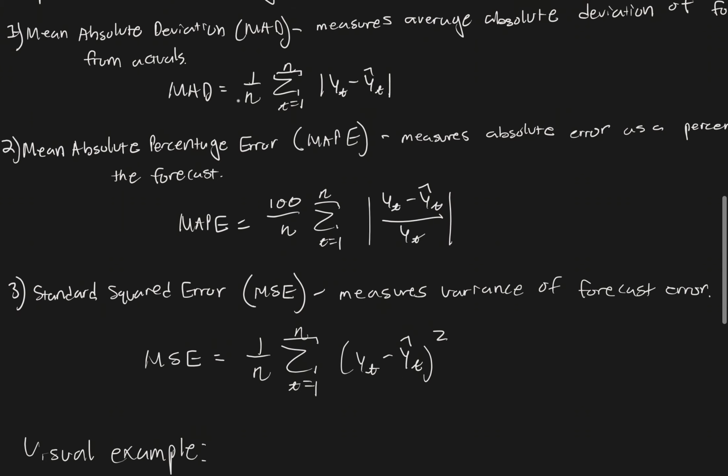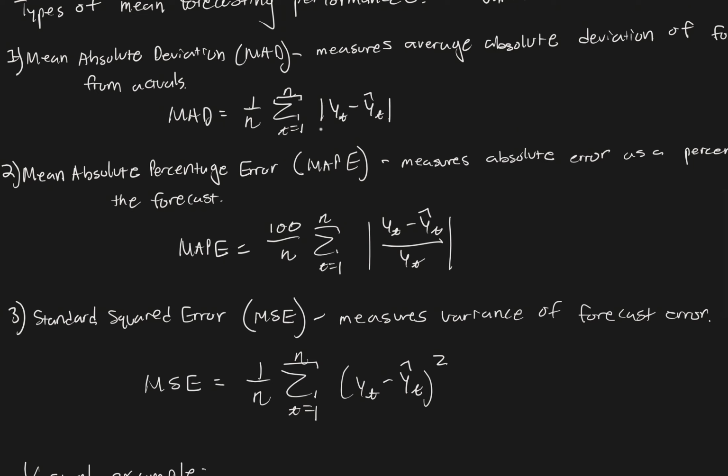The mean absolute deviation doesn't square it. So the MSE will always be higher than the MAD, but they're kind of similar. The second one, the mean absolute percentage error, as its name says, gives a percentage, so it's in proportion to the whole y value.